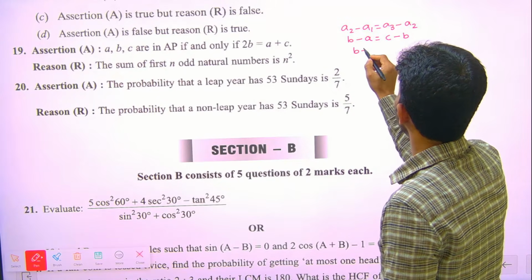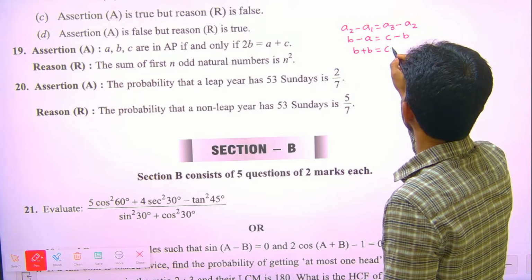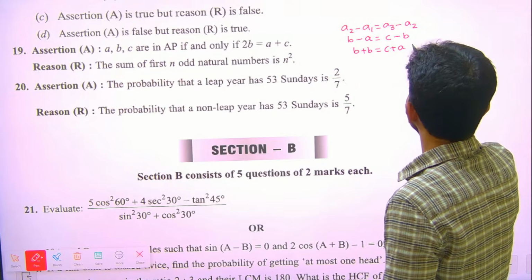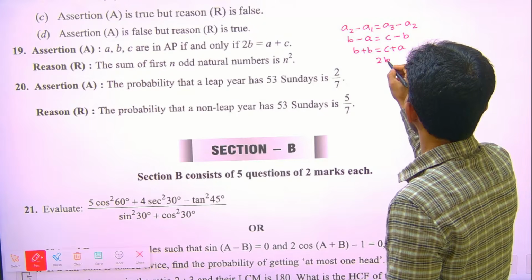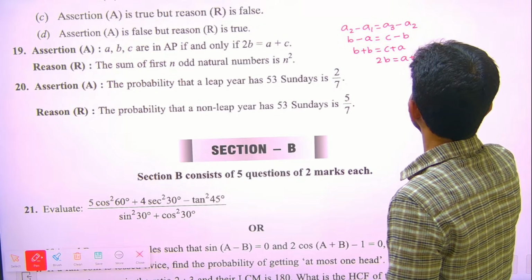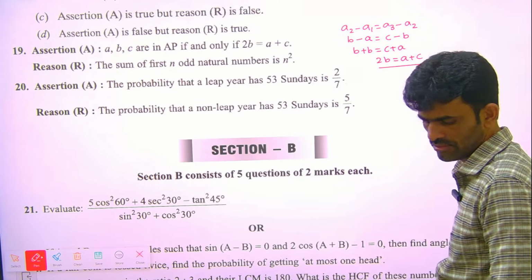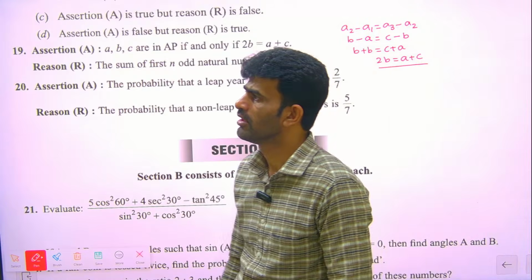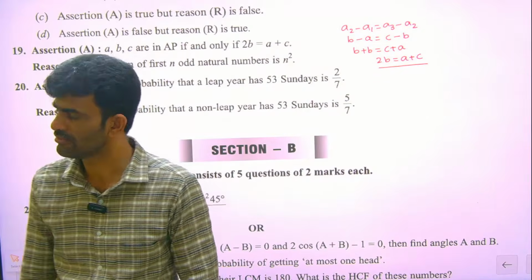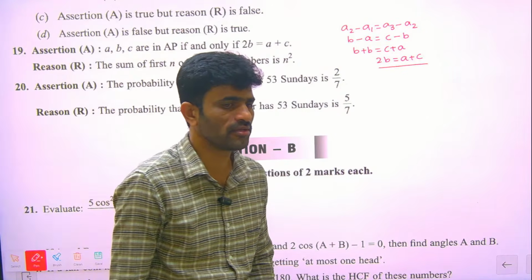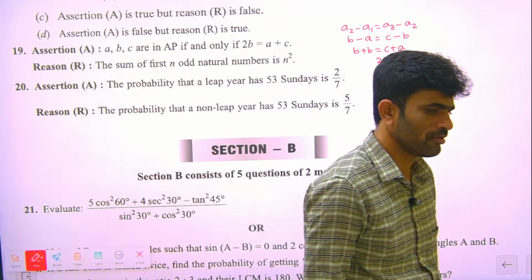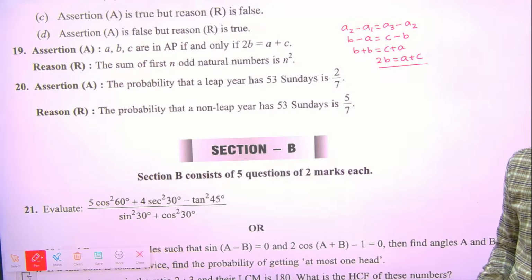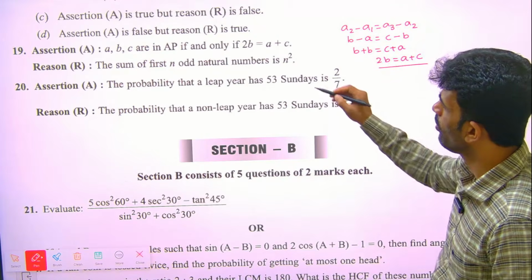So we get B plus B is equal to C plus A. Means what? 2B is equal to A plus C. True. If 2B is equal to A plus C, then only A, B, C are in AP. If A, B, C are in AP, then 2B is equal to A plus C. So assertion is true.